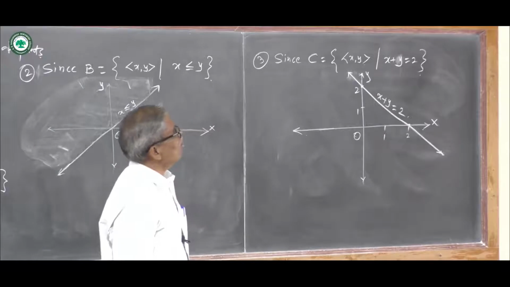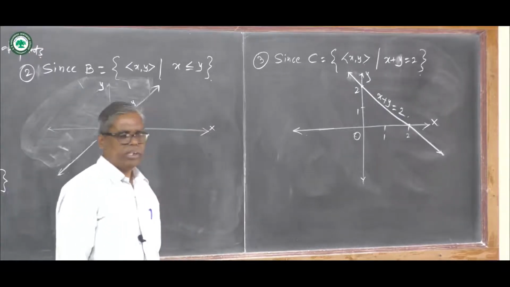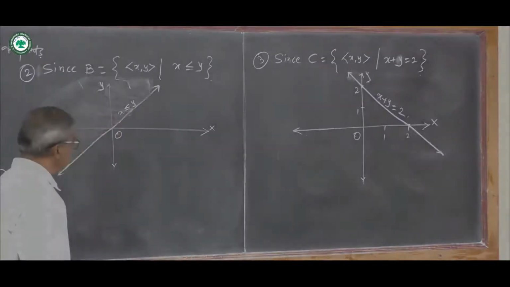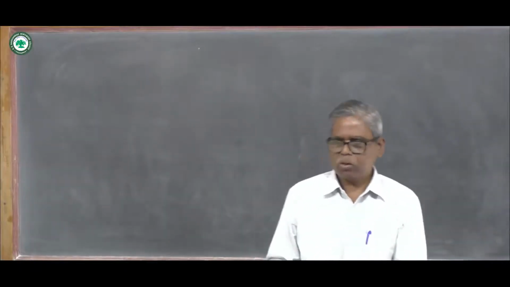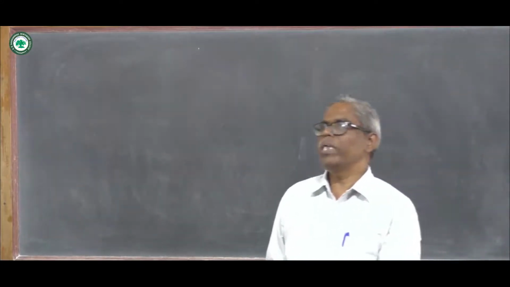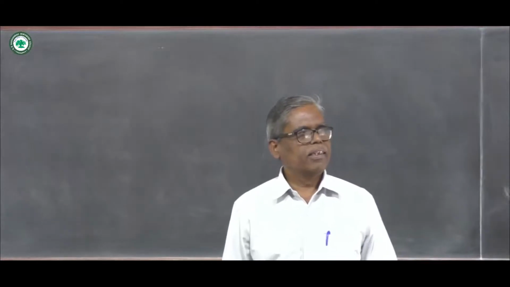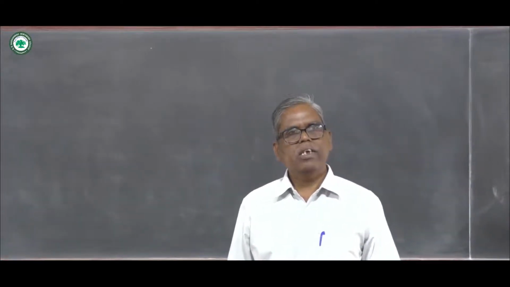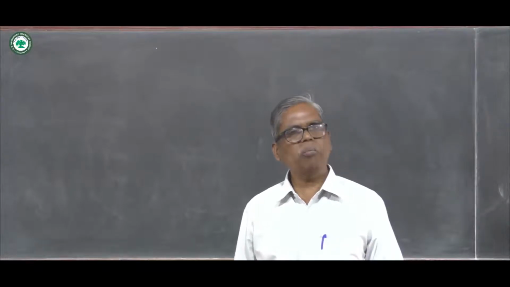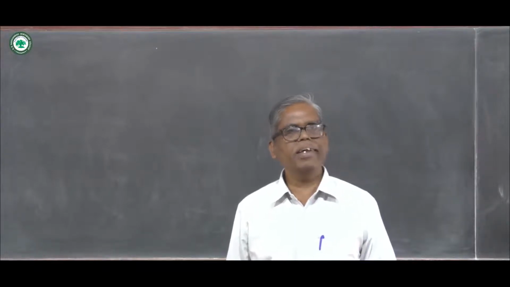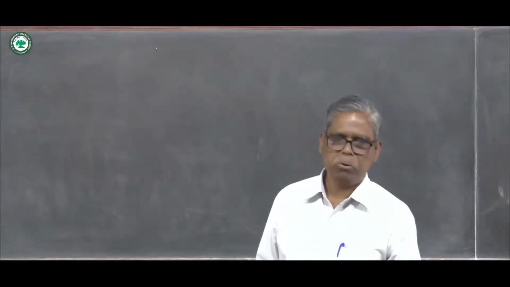C is the set of all (x, y) such that x plus y is equal to 2. Operations on sets. First operation is union. If A and B are two sets, then A union B is the set of all points either in A or in B or both.